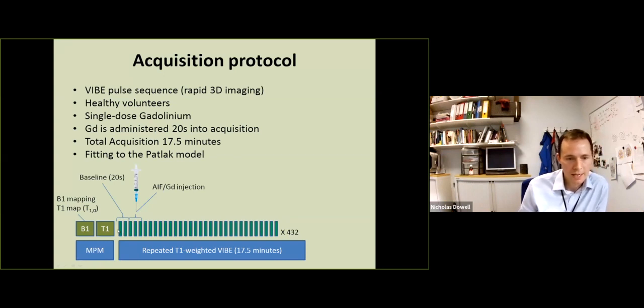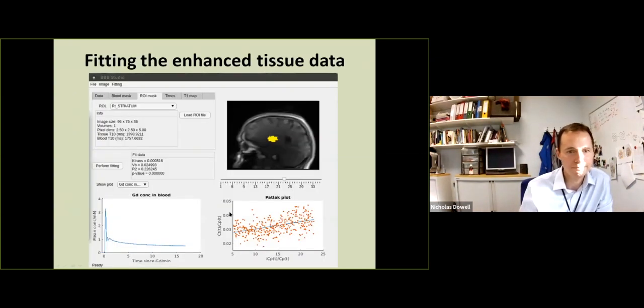Then this is followed by, in this case, 432 brain volumes with a time resolution of 2 or 3 seconds, and injection of gadolinium 20 seconds into the acquisition. So 20 seconds worked out to about 10 baseline images, and the gadolinium goes in, and then you observe what happens to the signal intensity after that.